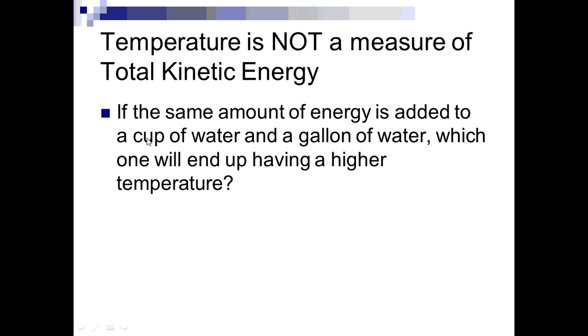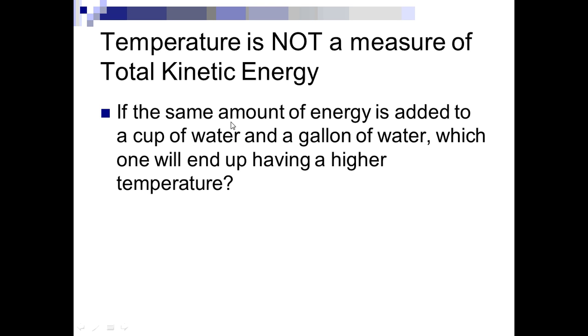Well, a cup of water has a very small total energy. A gallon of water has a very large total energy. If we assume that these are both at room temperature, you put a certain amount of energy in, which one will have a higher temperature? Well, which do you think? It'll be the cup.